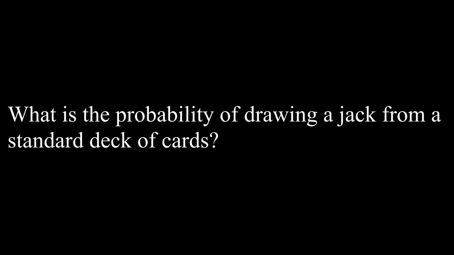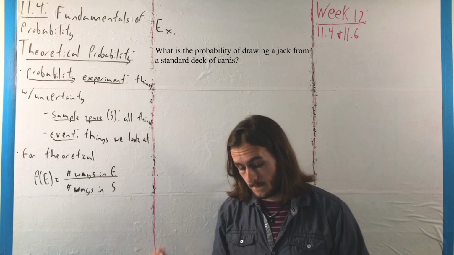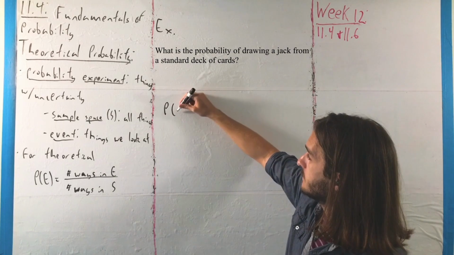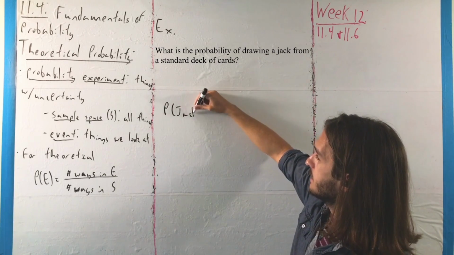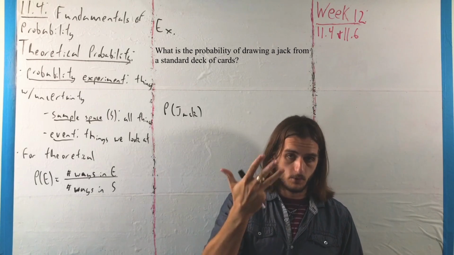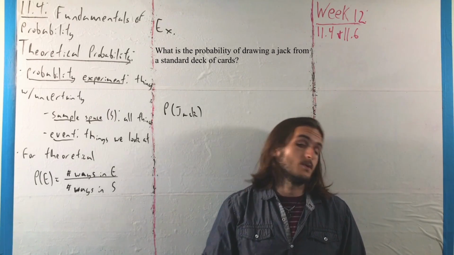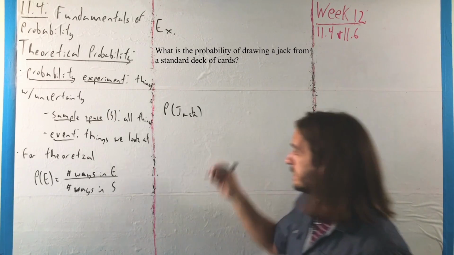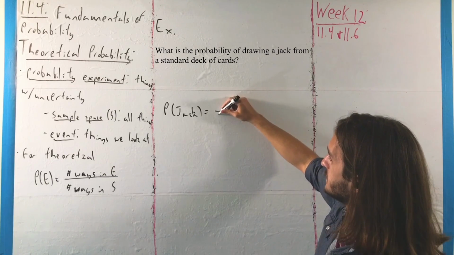For our second example, we want to find what the probability is of getting a jack from a standard deck of cards. So, if we want to find this probability, the probability of getting a jack, we have to understand that in a standard deck of cards, we have 4 suits. In each of the suits, we have 13 cards. So, we have a total of 52 cards.